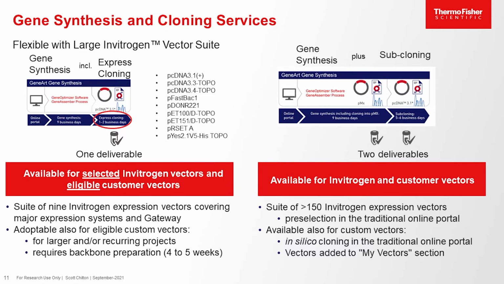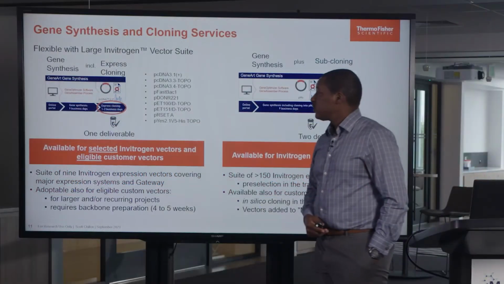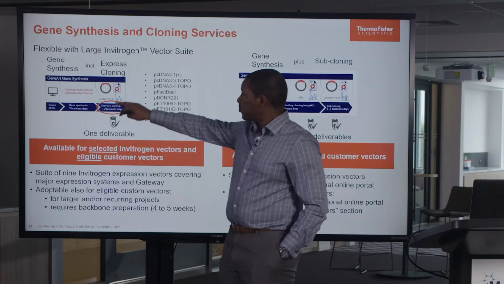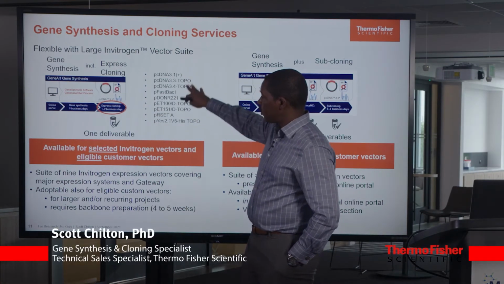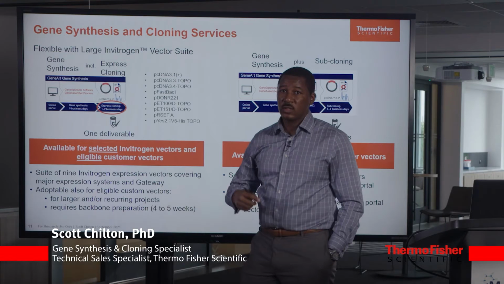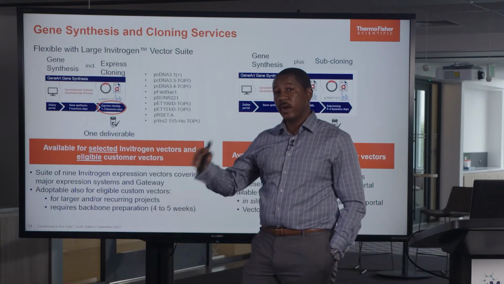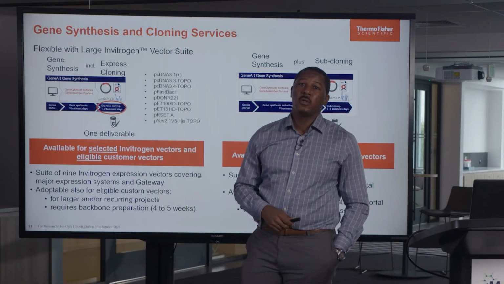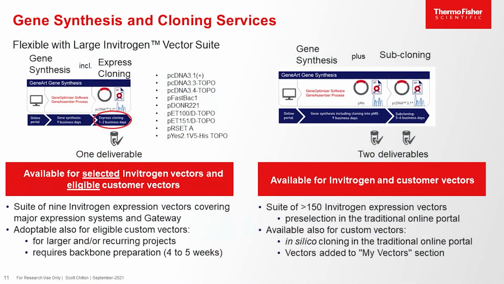In addition to just synthesizing your gene, we are able also to provide subcloning services. And that basically comes in two flavors. So there's one option with our express cloning offering where we have a set of Invitrogen vectors that we can basically provide your gene directly in that vector. So you can order your gene from us and receive back a ready-to-express clone.